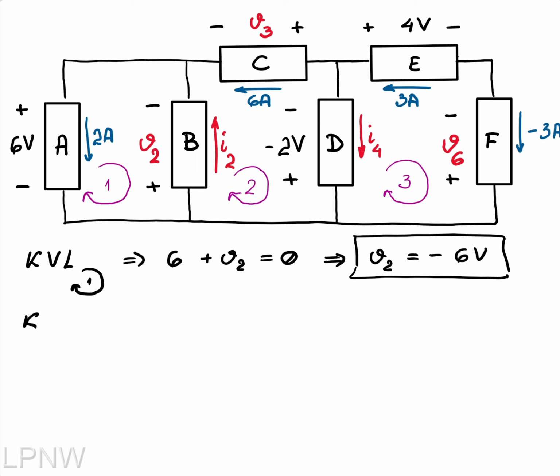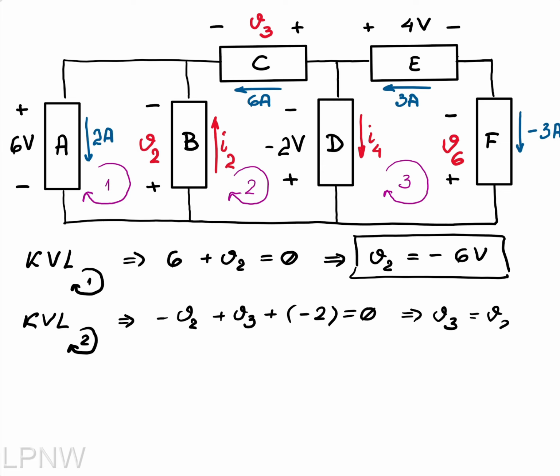Now we will do Kirchhoff voltage law for the second loop. Loop number 2 gives me negative V2 plus V3 and negative 2 volts. All of this should be 0, which ends up with the equation V3 equals V2 plus 2.